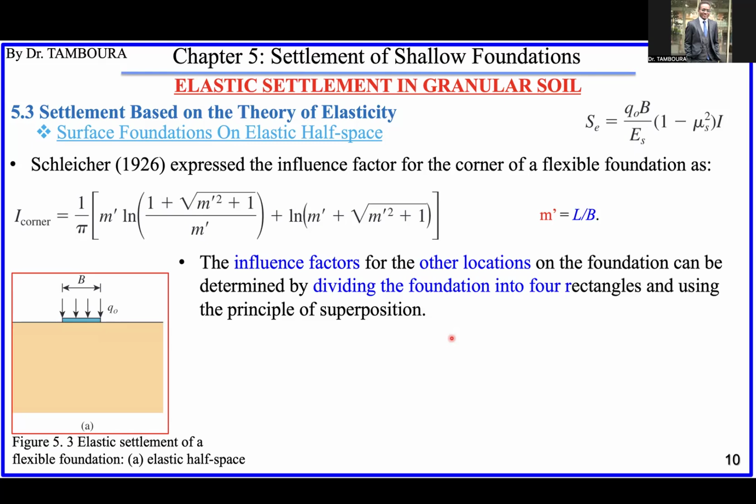So at the beginning of this chapter, I told you that this chapter will use a lot of knowledge from the stress in the ground chapter in soil mechanics 1, dealing with stress distribution in the ground. Okay, so if you remember that chapter also, we had something like this kind of thing, estimating using the superposition method.